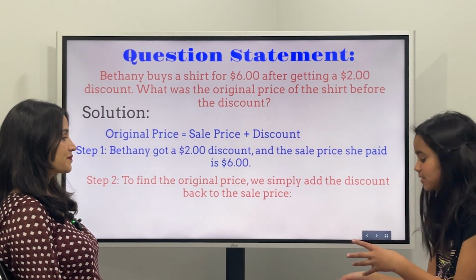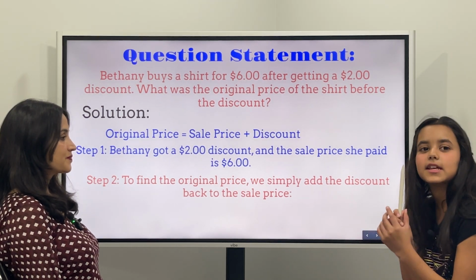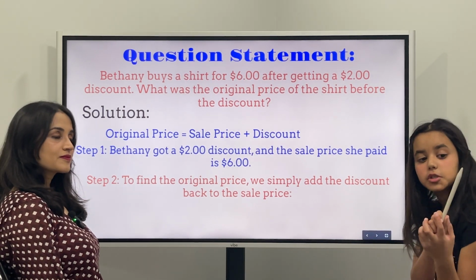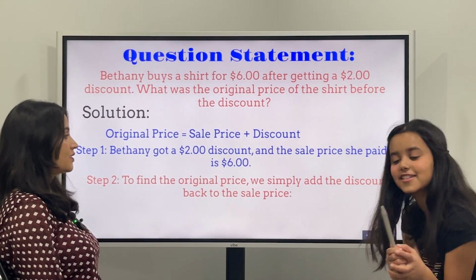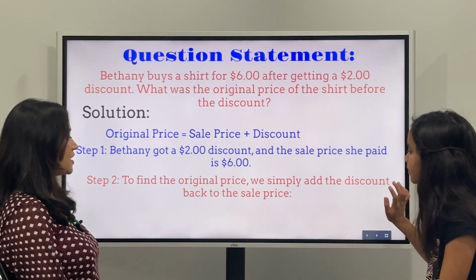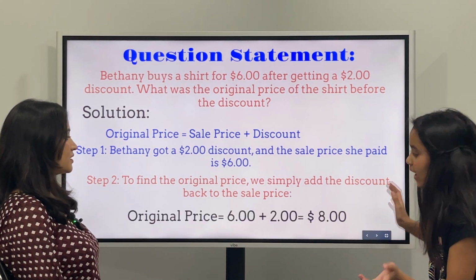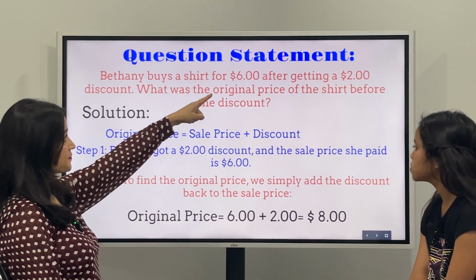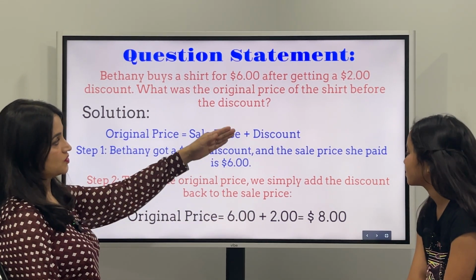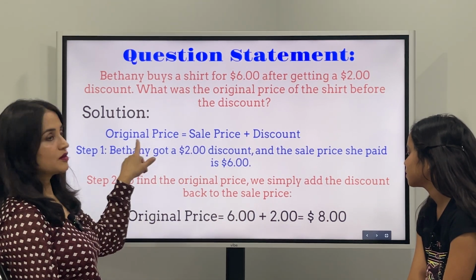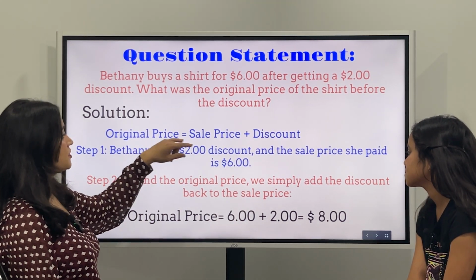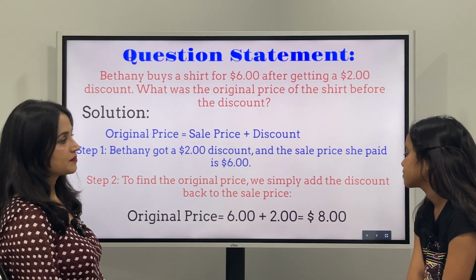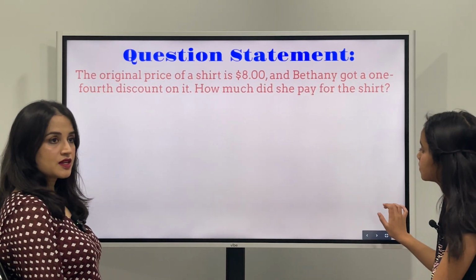Like I said, the pen was $8 and with a $4 discount, that would equal $12. So in this scenario, the sale price is $6 and the discount is $2. The method says original price equals sale price plus discount, which is 6 plus 2 equals 8.